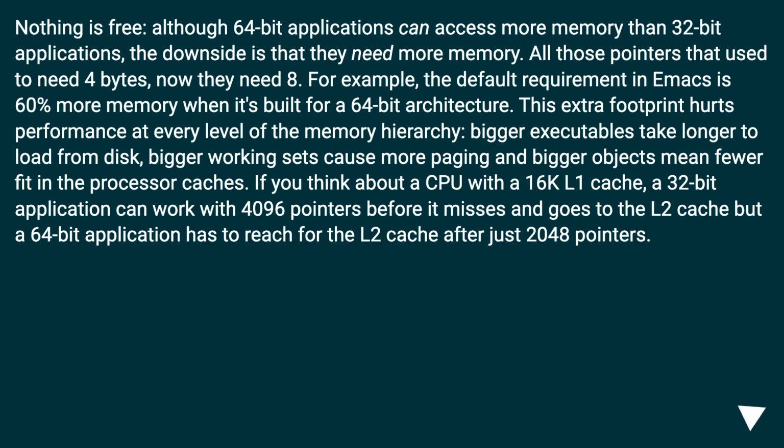Bigger executables take longer to load from disk, bigger working sets cause more paging, and bigger objects mean fewer fit in the processor caches. If you think about a CPU with a 16K L1 cache, a 32-bit application can work with 4096 pointers before it misses and goes to the L2 cache, but a 64-bit application has to reach for the L2 cache after just 2048 pointers.